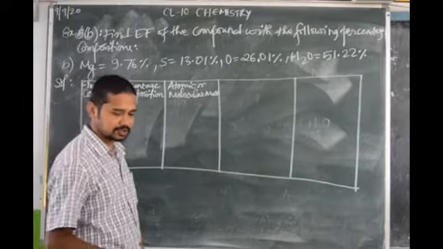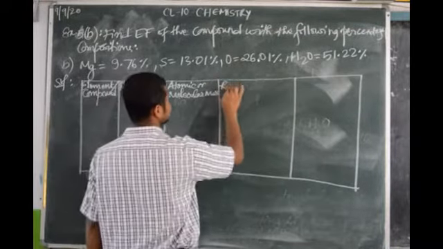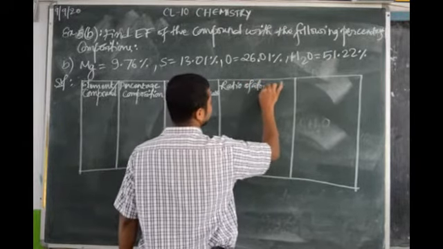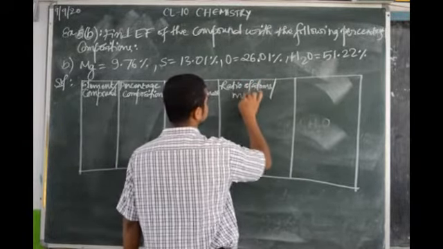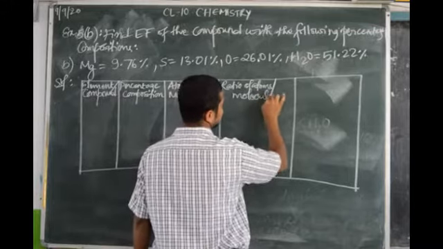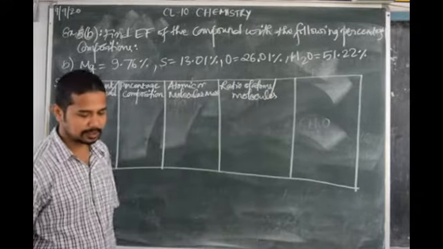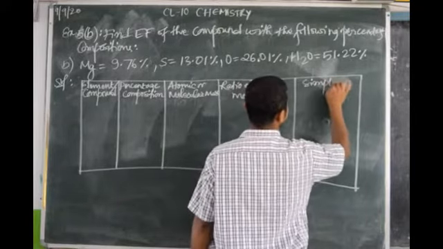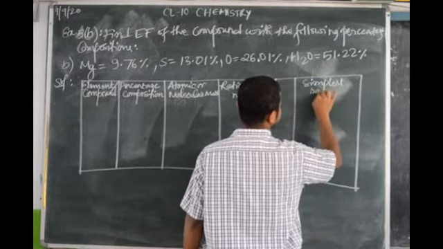Then you will be writing atomic ratio, ratio of atoms or molecules. And then here you will be writing the simplest ratio.